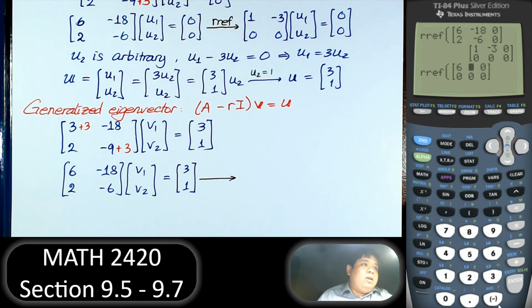Six, negative 18, 3, 2, negative 6, and 1.